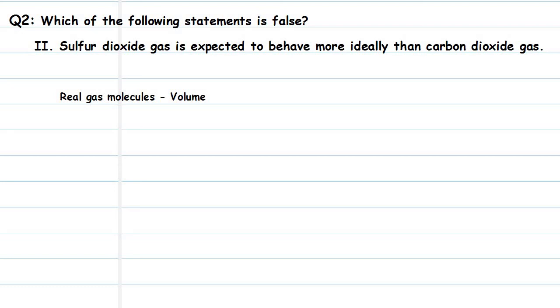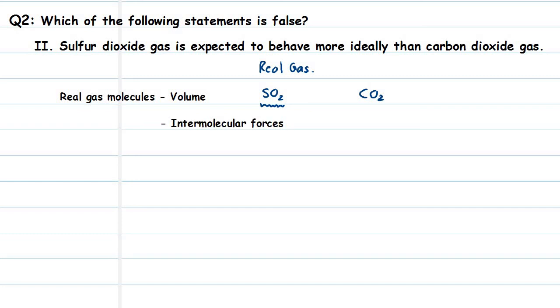So the gas with larger molecules will behave more like a real gas. And between sulfur dioxide gas, SO2, and carbon dioxide gas, CO2, SO2 is larger. If you look at the periodic table, you can see that sulfur is larger than carbon. So SO2 will behave more like a real gas than carbon dioxide.